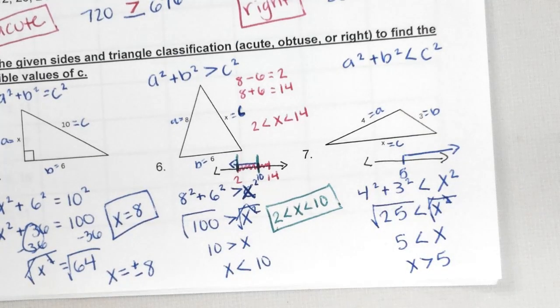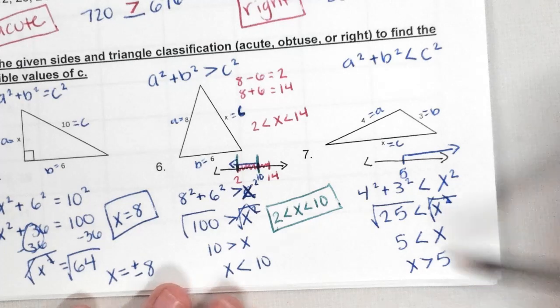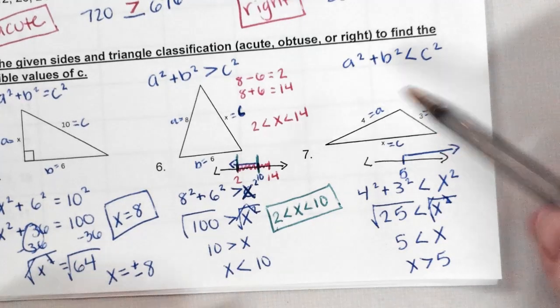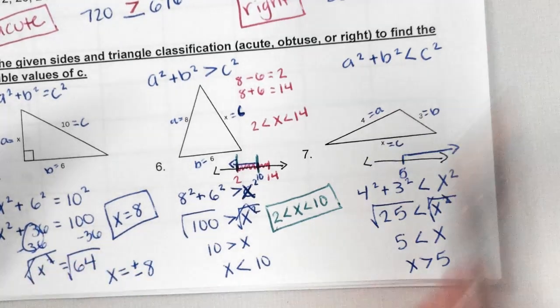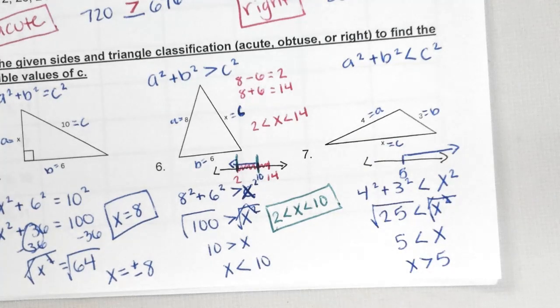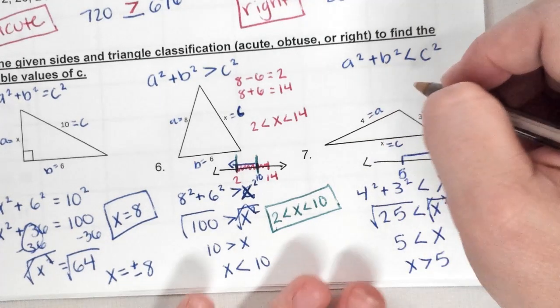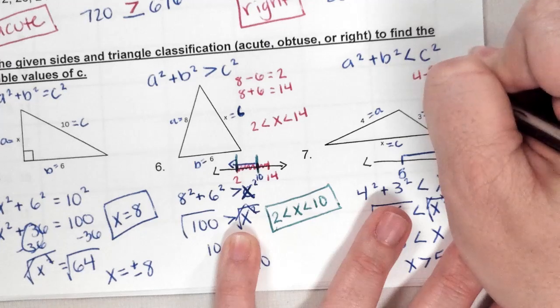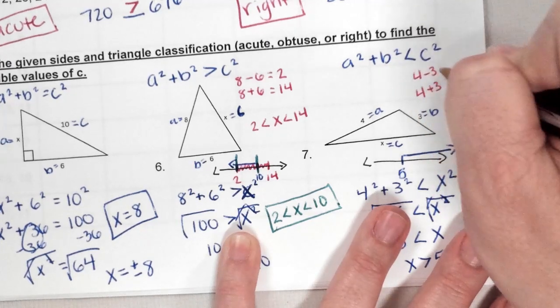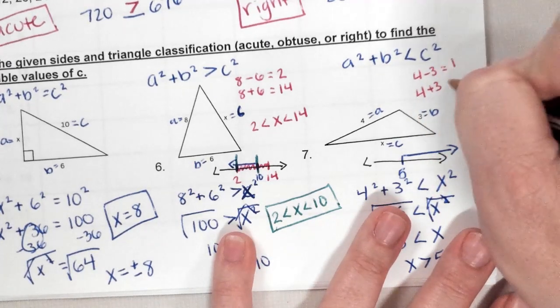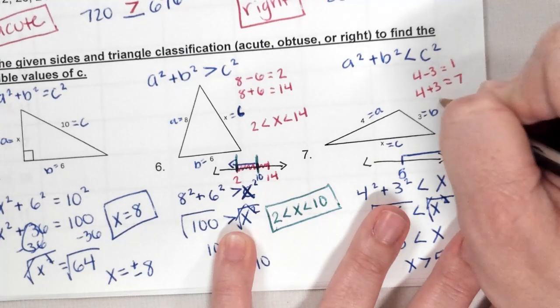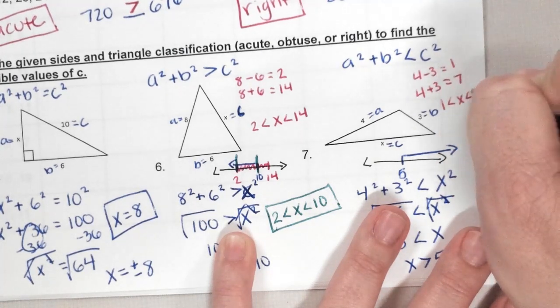Everybody okay with that? Okay, so now let's figure out what my possibilities are to figure out those limitations. Because if we just say x is greater than 5, we're saying a million. And let's be real, if we have 4, 3, and a million, those edges aren't touching. That's going to be too big. So we take 4 minus 3 and 4 plus 3. Well, what's 4 minus 3? And what's 4 plus 3? So we know it's somewhere between 1 and 7.